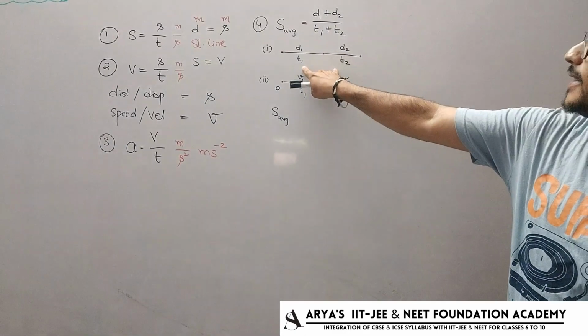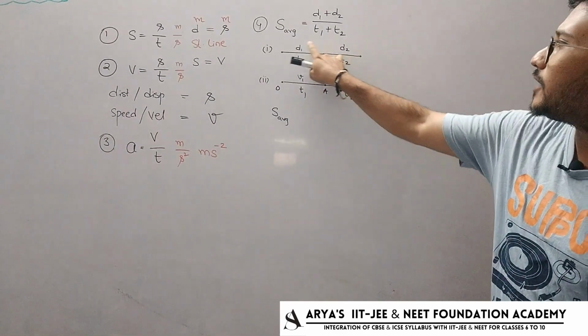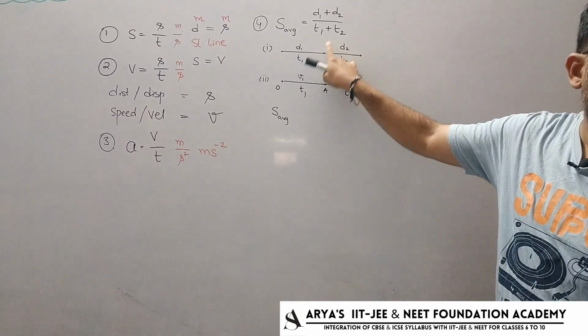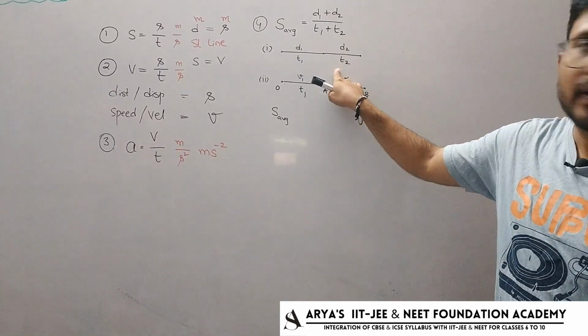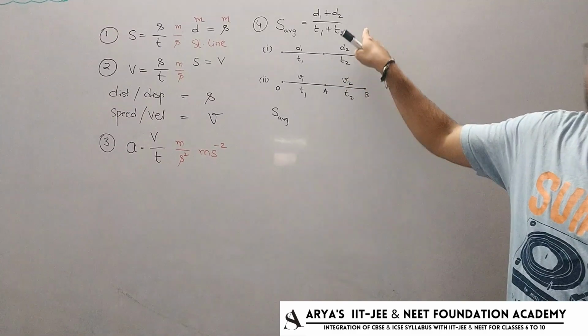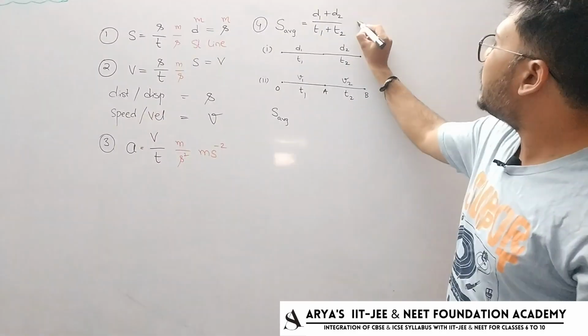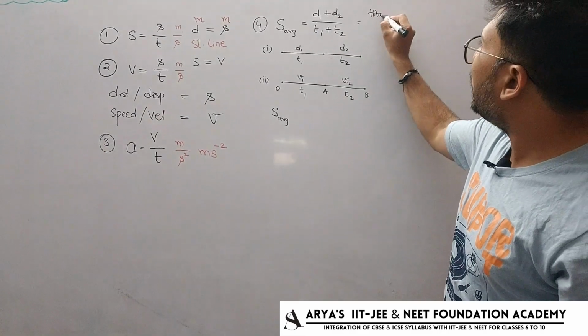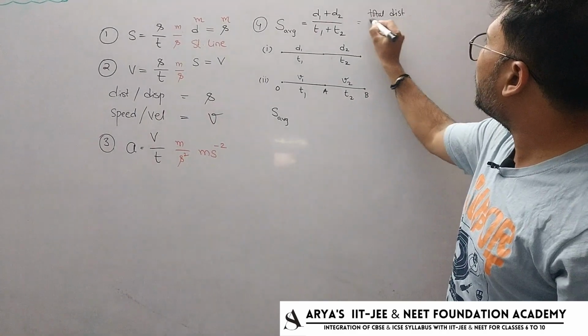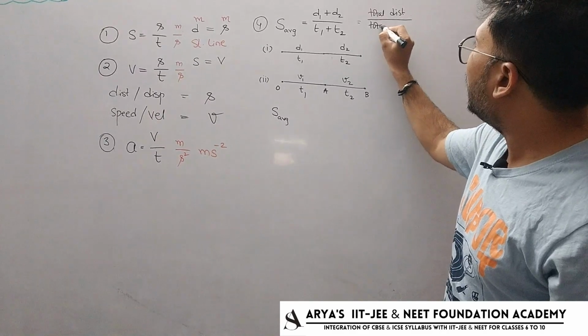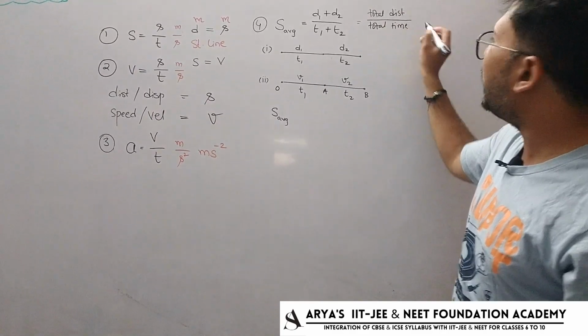Here in this example they gave distance values d1 d2. Here they gave time values t1 t2. Here you are going with the formula d1 plus d2 by t1 plus t2, S average is equal to total distance travelled by the body upon total time taken by the body.